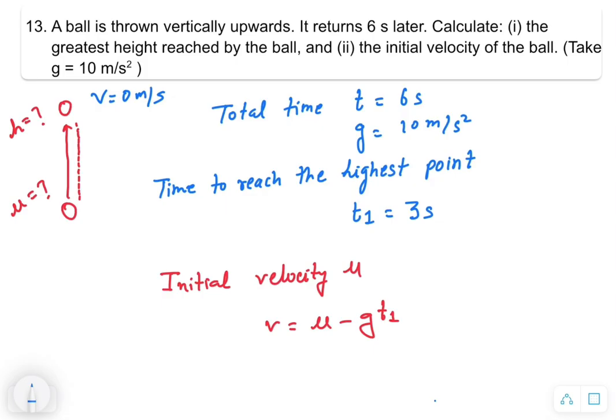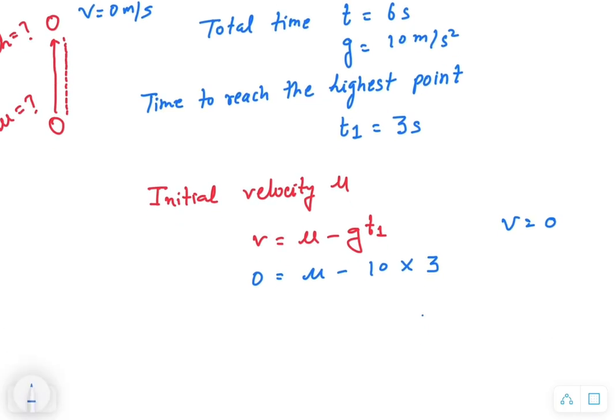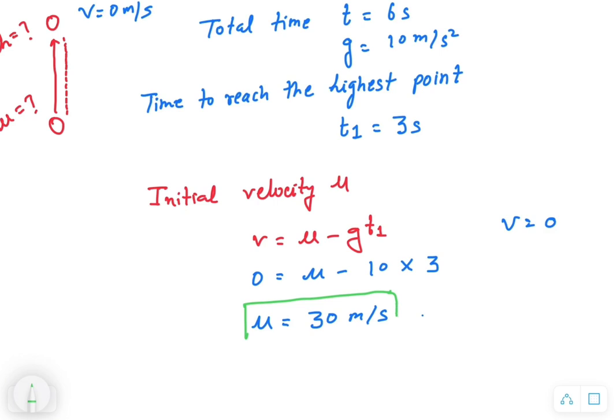The ball will start its return journey towards the ground after reaching the highest point. So v is 0. So 0 equal to u minus 10 multiplied by t1, 3 seconds. So u will be equal to 30 meters per second. This is the initial velocity.